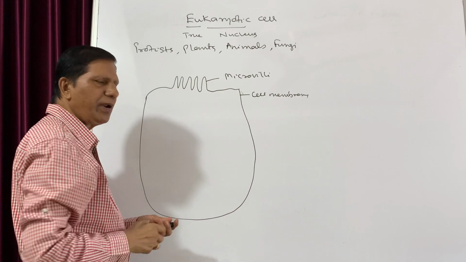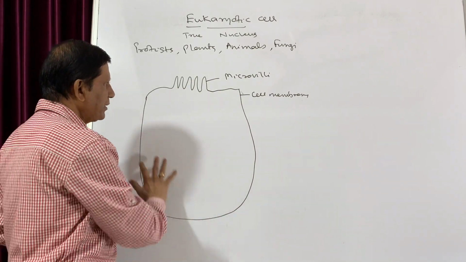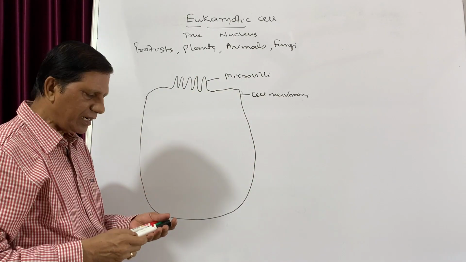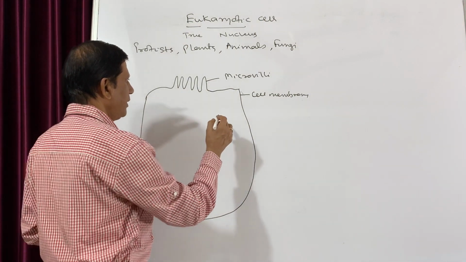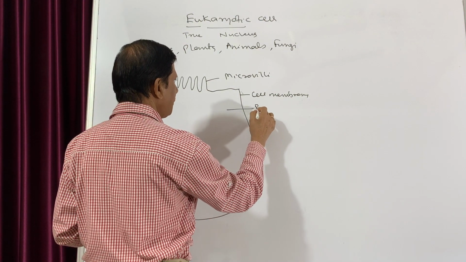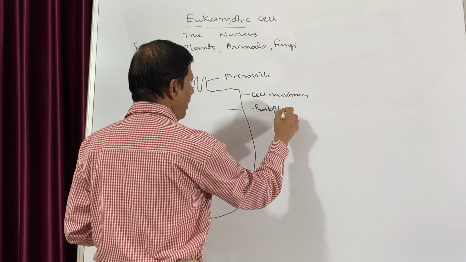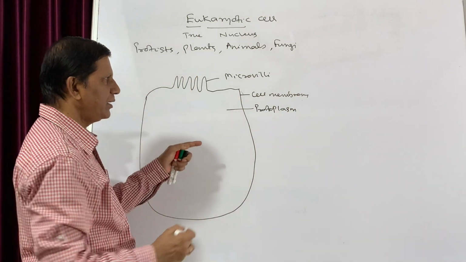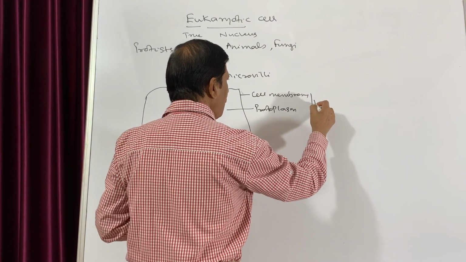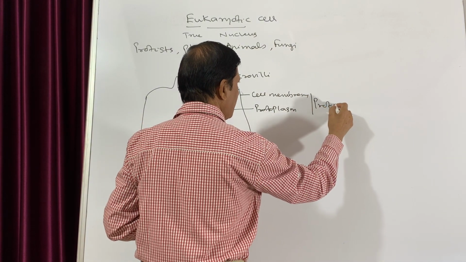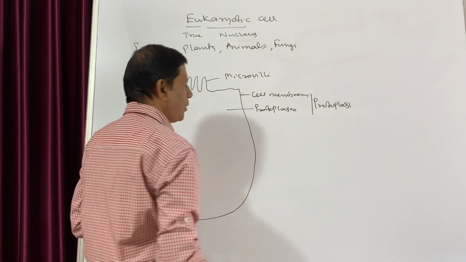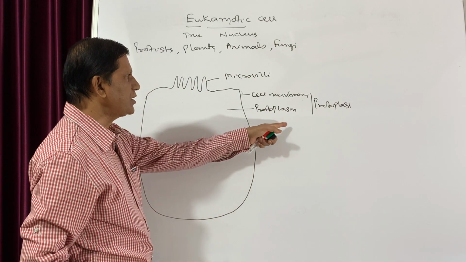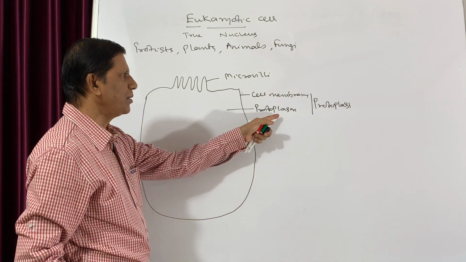Inner to the cell membrane, whatever substance is there is known as protoplasm. The protoplasm along with the cell membrane, together these two are known as protoplast. So protoplast consists of cell membrane and protoplasm.